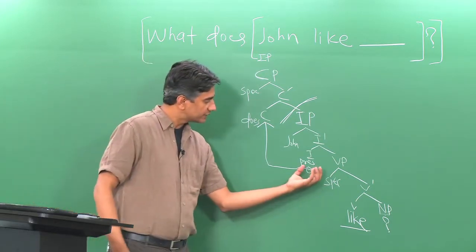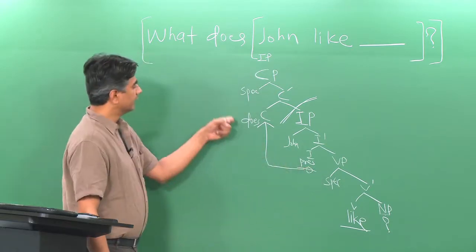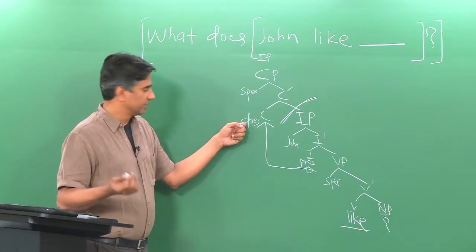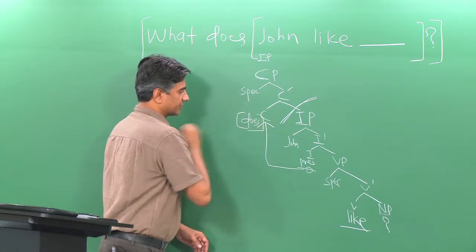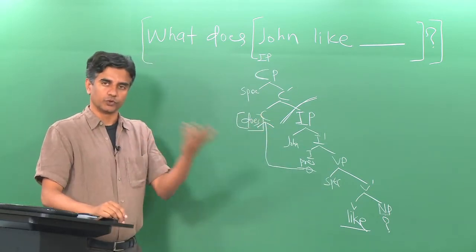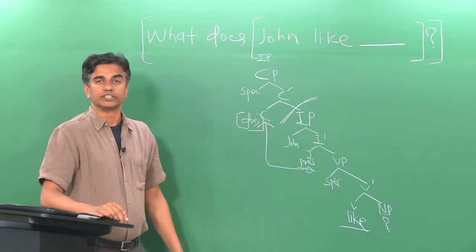When this gets stripped out of this IP, it needs something to host it, and to cut the long story short, it comes in the form of the element do. Do comes to host it, and then we find it in the C position, which is another head.